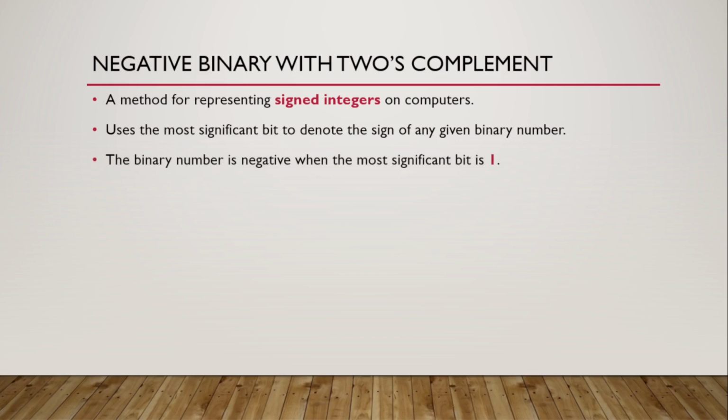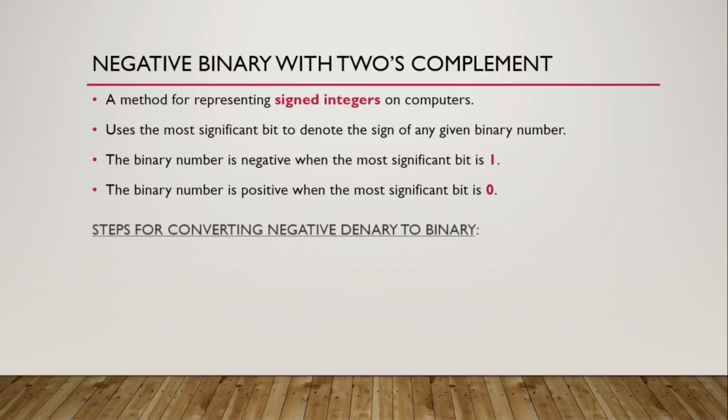The binary number is negative when the most significant bit is 1, and positive when it is 0. So when the most significant bit is 1, the binary value is regarded as being negative, and of course when it is 0, it's regarded as being positive.